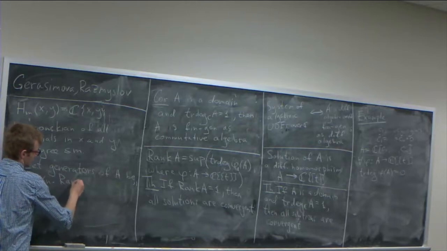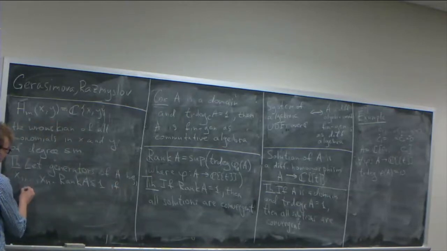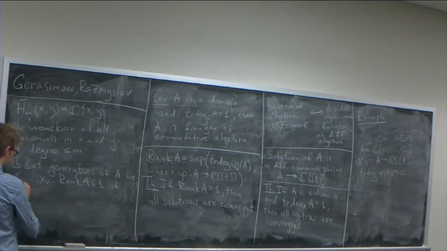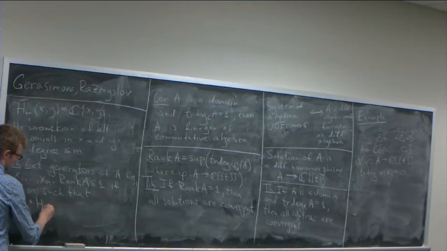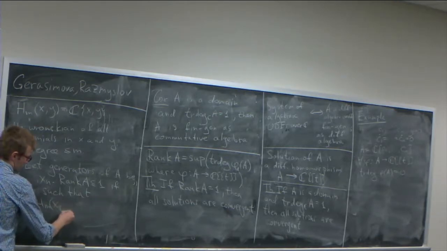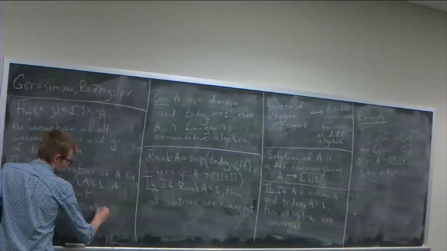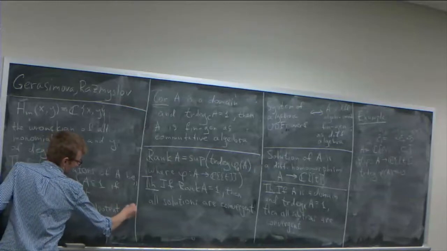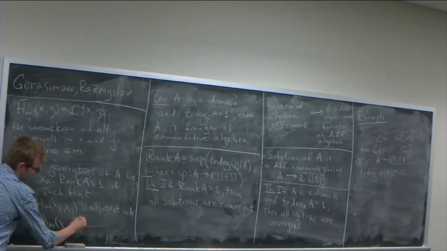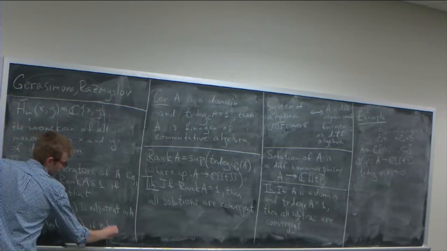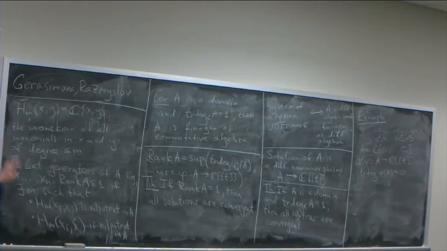Then rank A is less than or equal to 1 if there exists M such that this Wronskian is nilpotent, and also this Wronskian. Is this for all i, j? Yes, this is for all i, j and this is for all i.